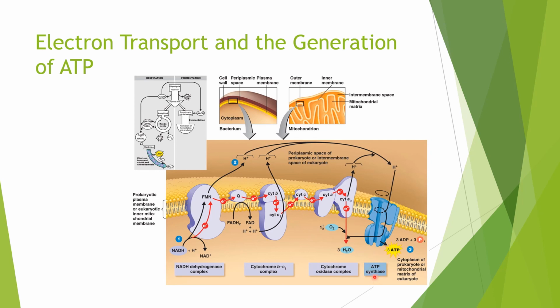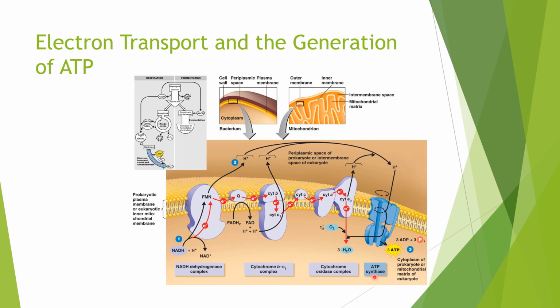So as you can see, the electron transport chain is extremely important in producing the ATP that our cells, and basically our body, need.